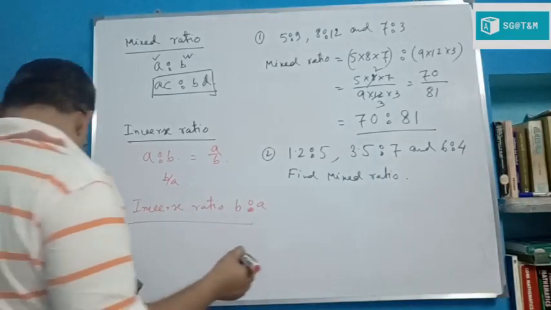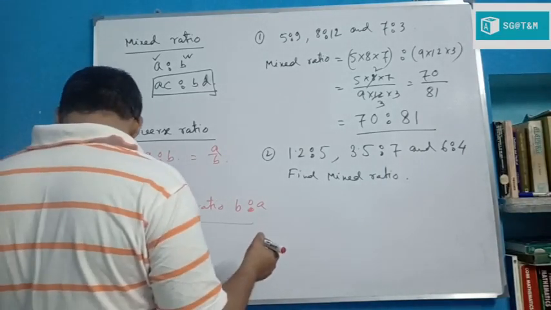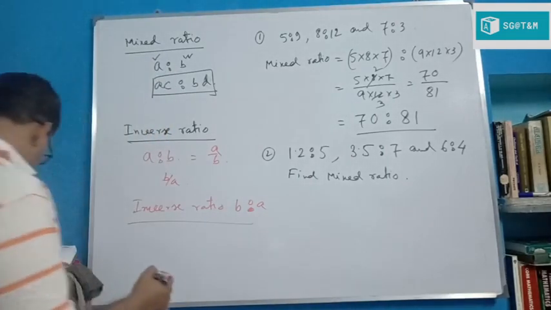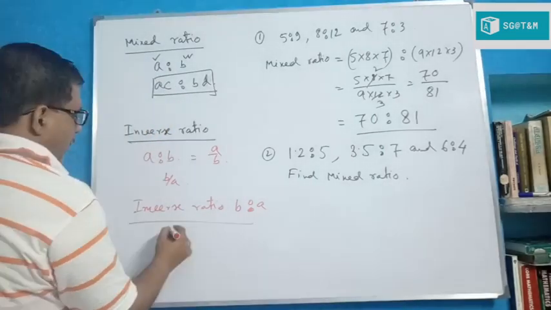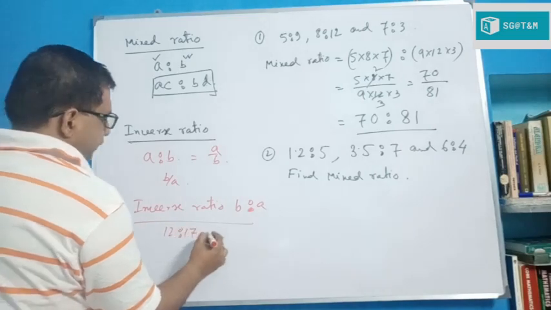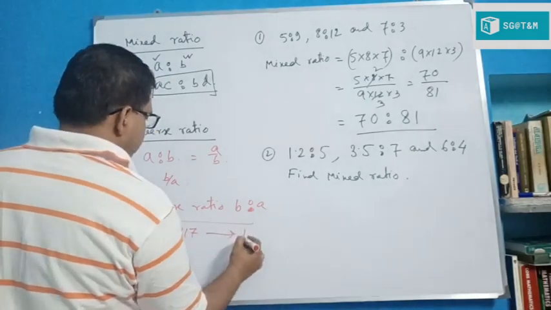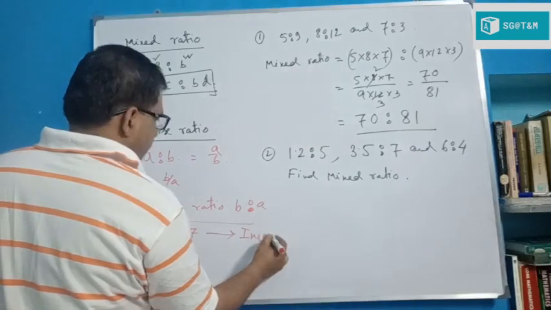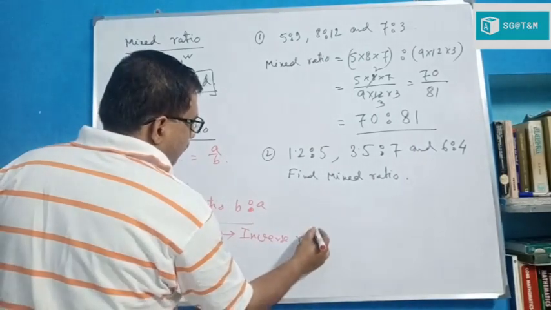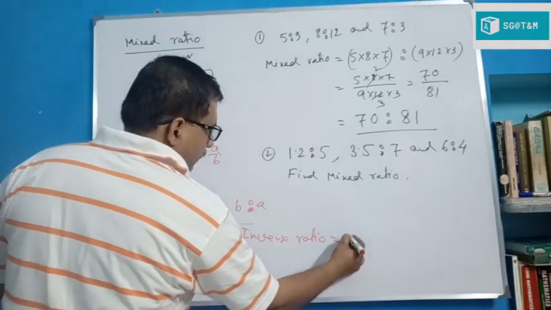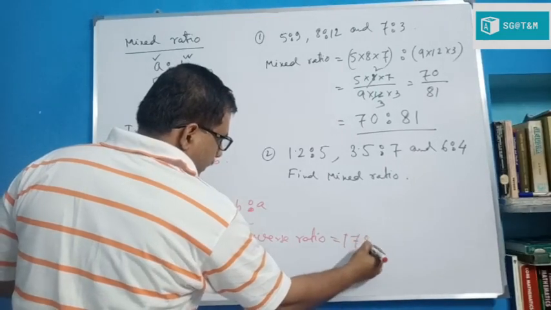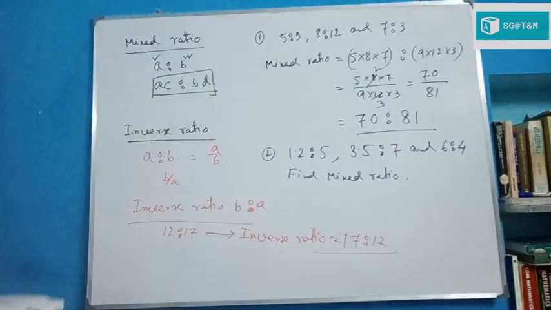Very easy. If the ratio is given 12 is to 17, its inverse ratio is 17 is to 12.